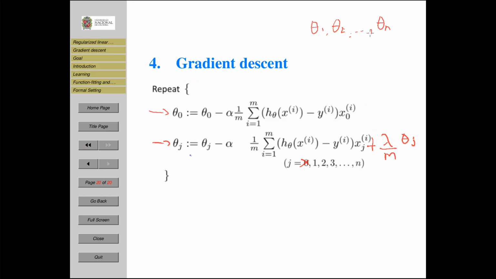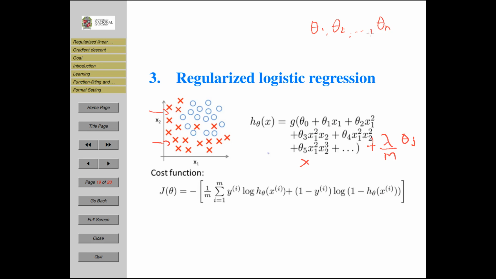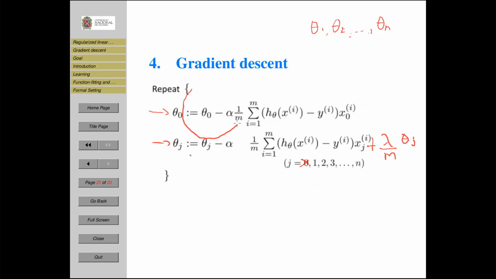Coming back to this one here, with this regularization we can have a decision boundary like this. It looks more reasonable for separating the positive and the negative examples. So using regularization, even when we have a lot of features, it can help take care of the overfitting problem.